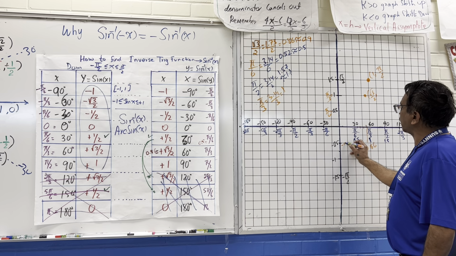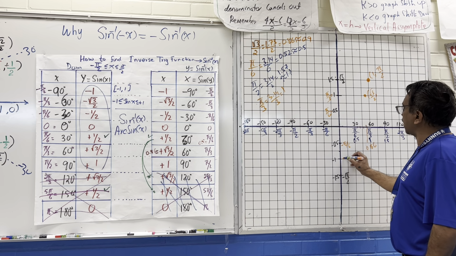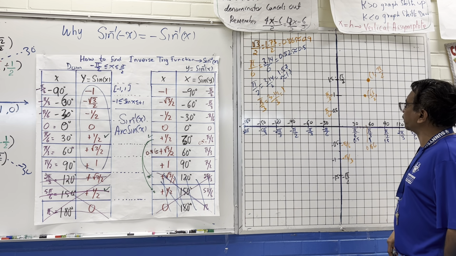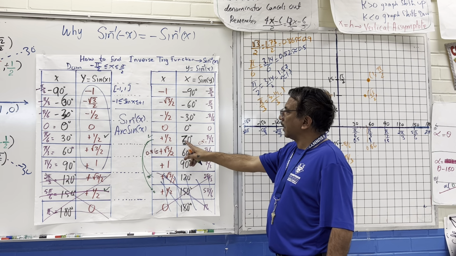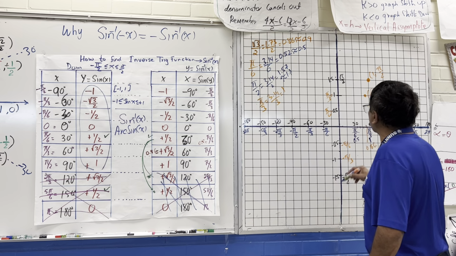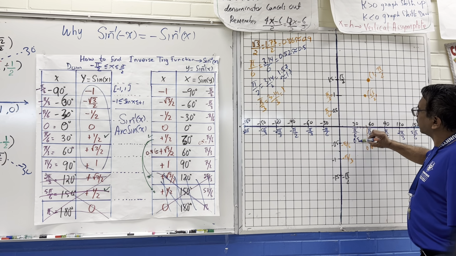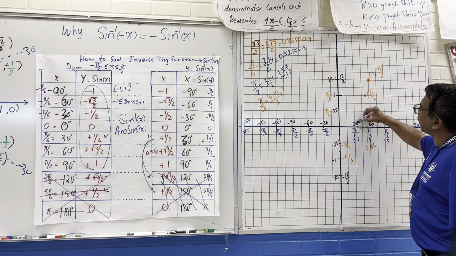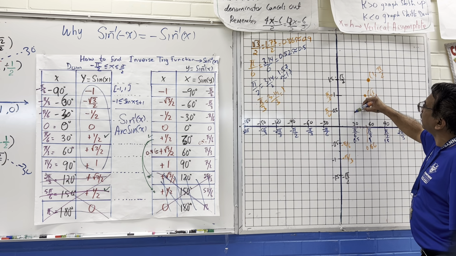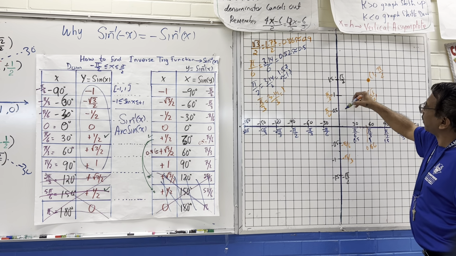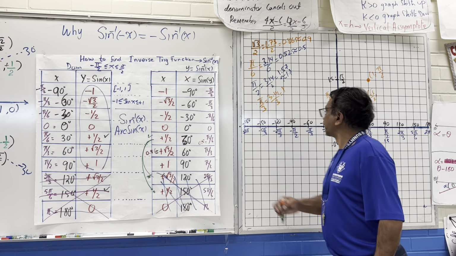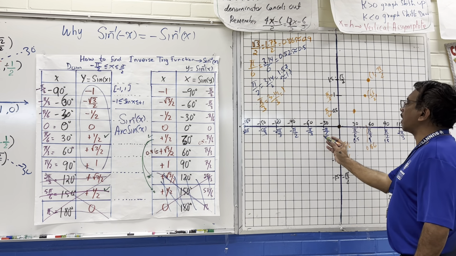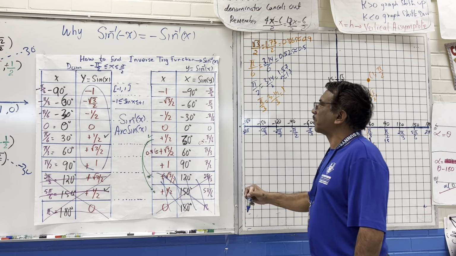The same thing I can do here also. This is minus pi by 6, this is minus pi by 3, and so on. The next one is 30 degrees. The half is 30, so 0.5 is 30 degrees, which is pi by 6, this one. Then 0 is 0. On the other side, minus half is minus pi by 6.